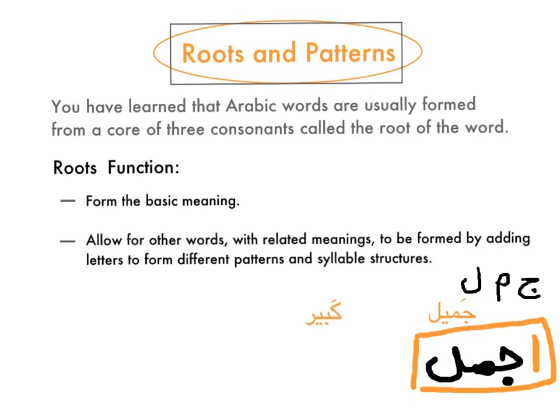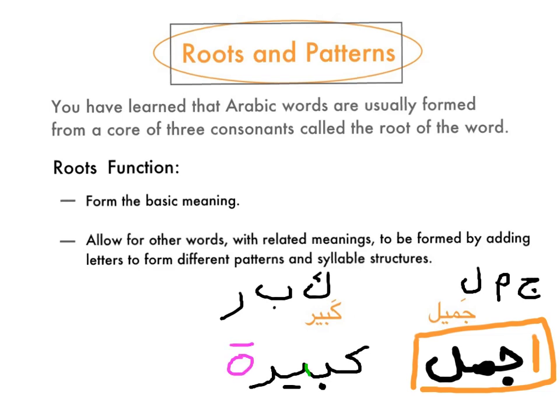Now the second example is the word kabir, and the root are the 3 letters ka, ba, and ra, kabara. So now I want to make a new word. I take the root and I write the word kabira with ta marbuta at the end.